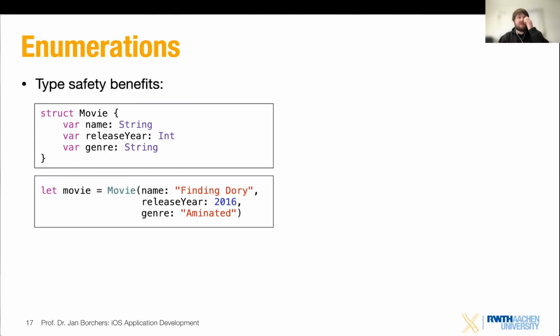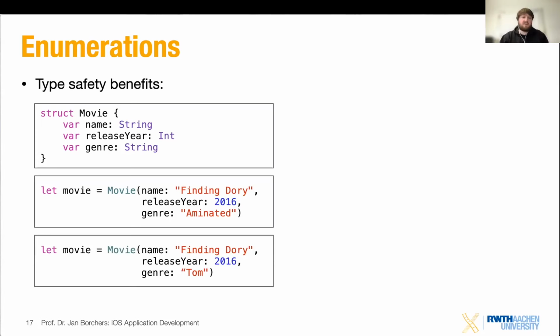Here in the example we have the movie Finding Dory from 2016, and we assigned it the genre "animated." Well, probably it should be "animated," but you have a typo in there. So that would work. But if you later check your movie database for animated movies, this won't come up because it's written wrong. Or we can just write something nonsensical and give it another string value. You have genre "Tom," which doesn't make any sense.